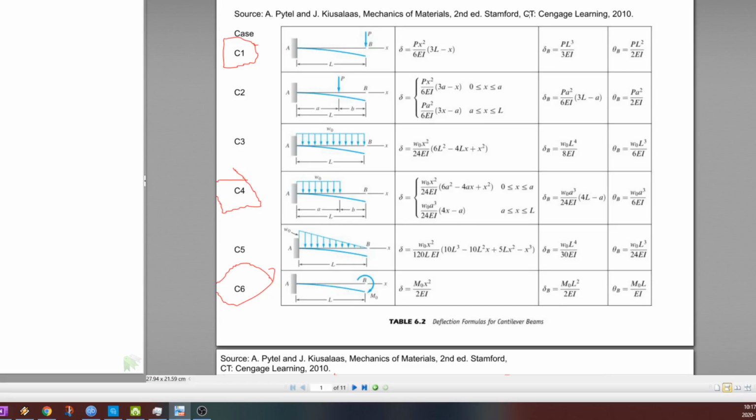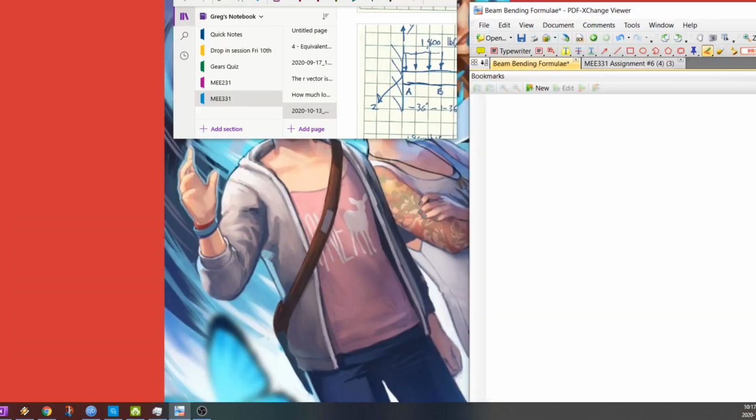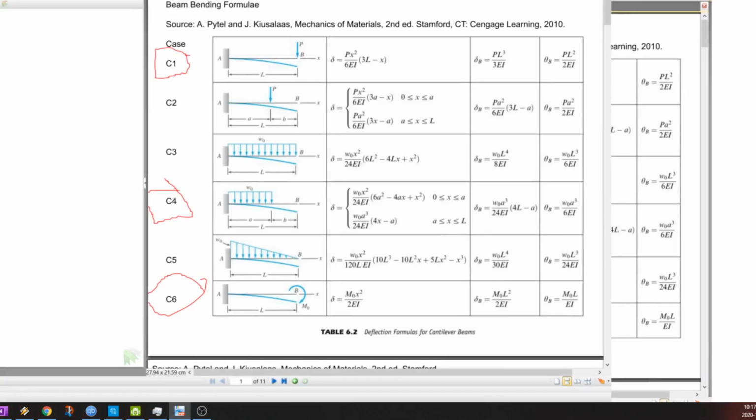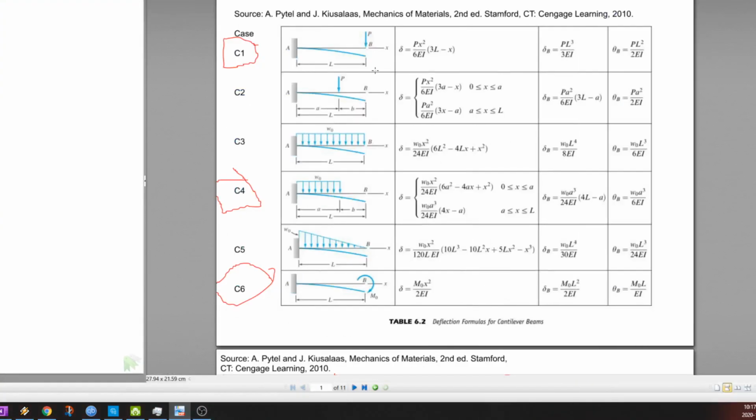So when we look at the C1 here, we have what we define as a positive load, and that's going to be causing what we call a positive displacement. So kind of the opposite situation of what's going on here. For C4, again, we would call this a negative load, so it's going to cause a negative displacement.